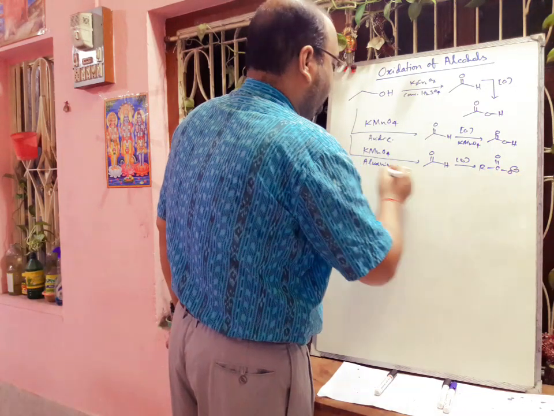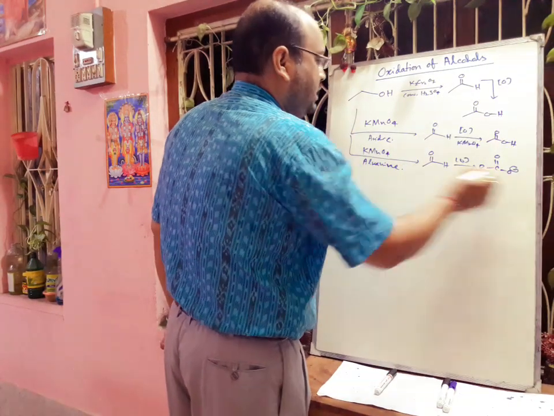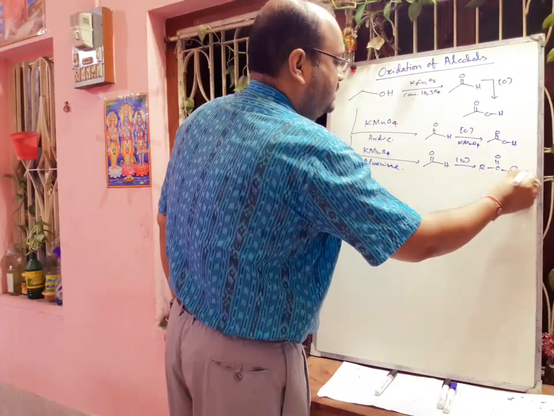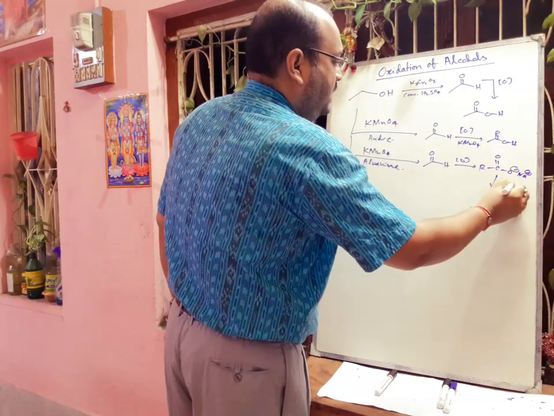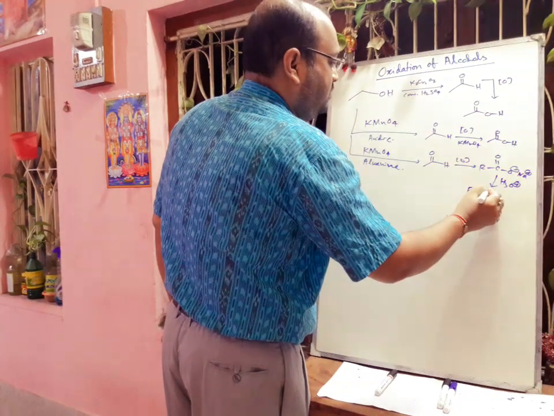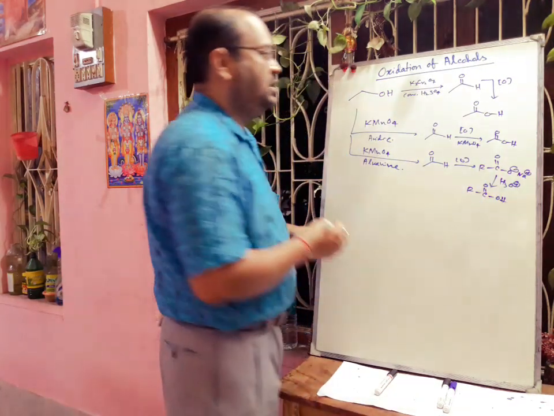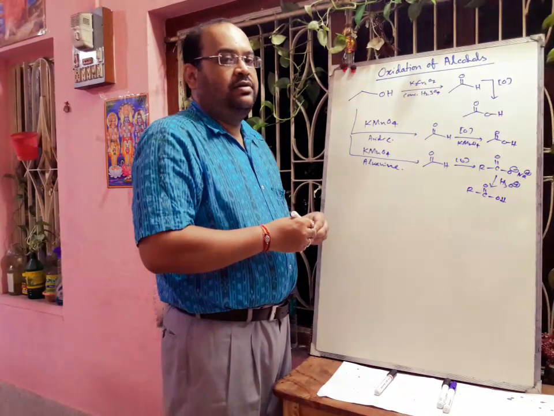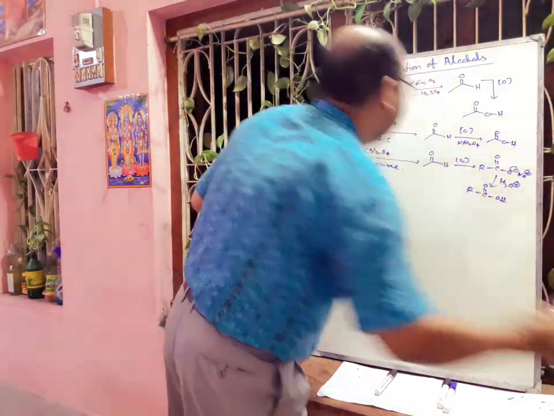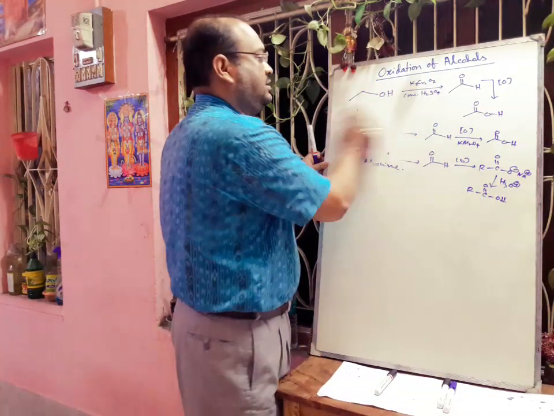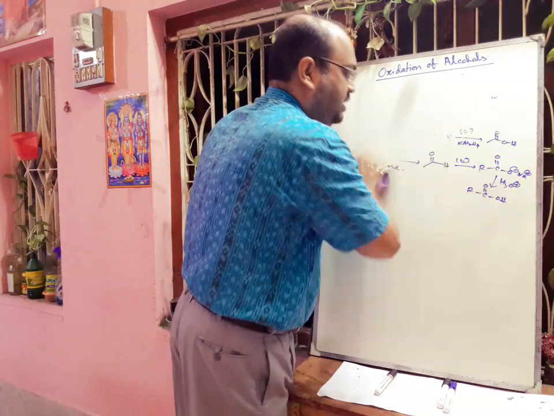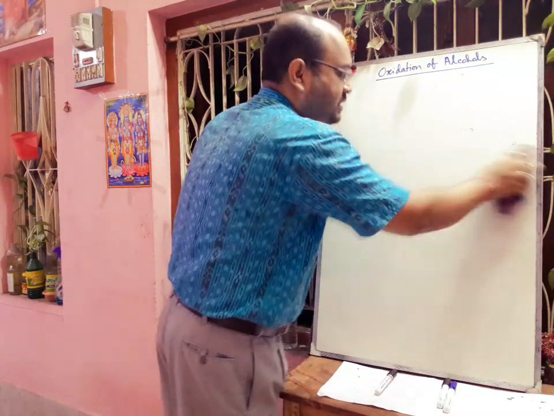If we are taking sodium hydroxide, then it will be Na plus. Then after the addition of acid, it will become the carboxylic acid. Now here we only discuss the mechanism of the Jones reaction. That is not in your syllabus, but you have to understand how it is happening.